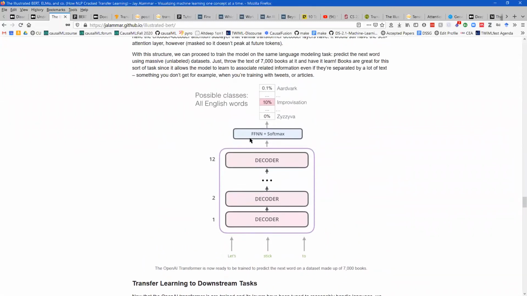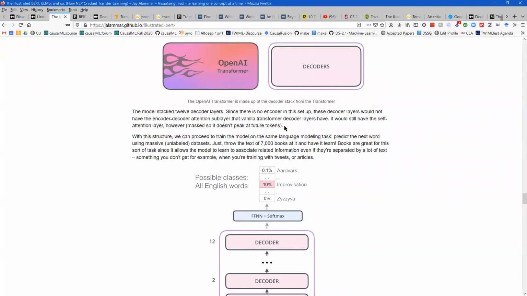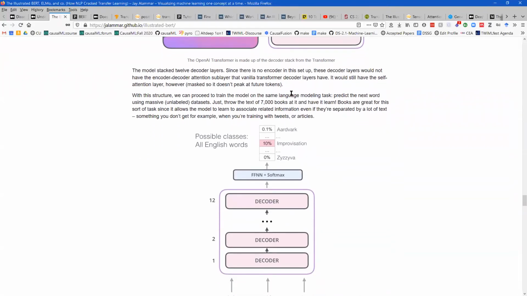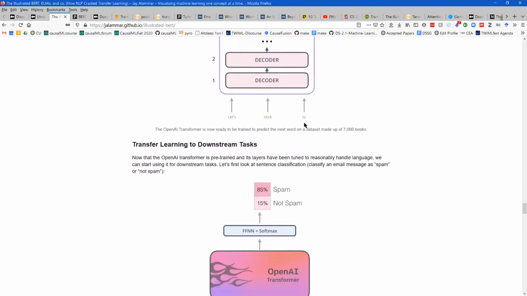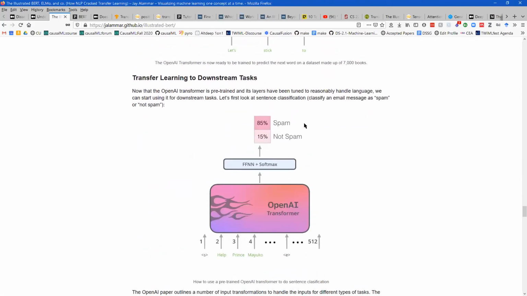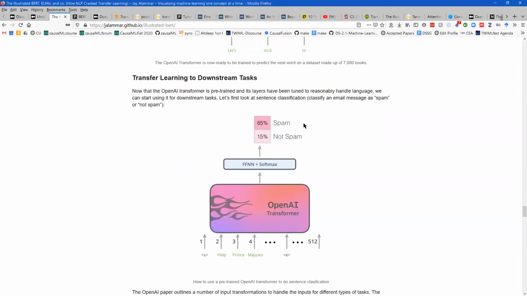So this is what OpenAI does. It trains this OpenAI transformer with a tremendous amount of compute power to be a very good language model, and then it hands it to the community. So you can now download this GPT pre-trained language model, and then apply transfer learning, as we saw in ULMFiT, to another task.